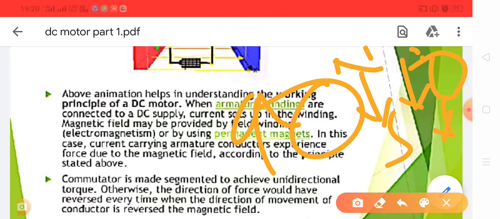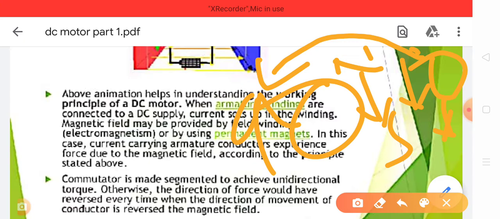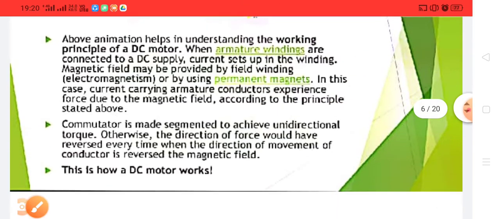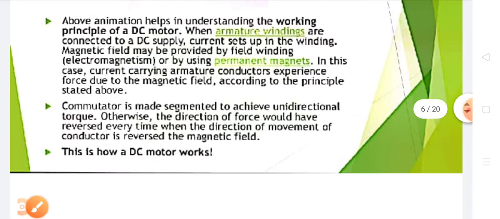That means the motor will exert the force from right to left, that is, it will move in the opposite direction. So if you interchange any flux values or current values, there will be a change in the force direction, that is, the rotation direction of the motor. In this way you can get the force in the DC motor.